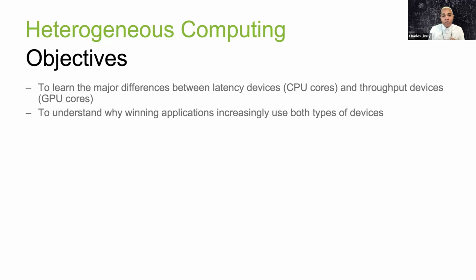So it's about leveraging some of the different devices that are now available on our hardware to exploit latency and get high throughput and performance through those devices as well.